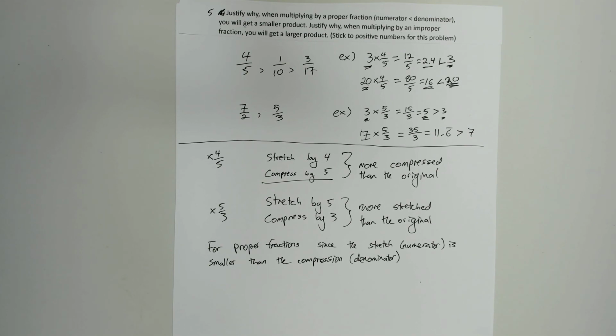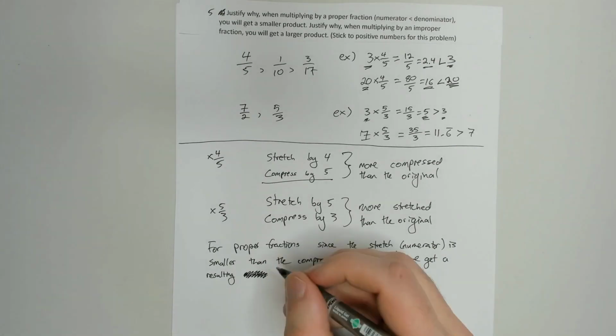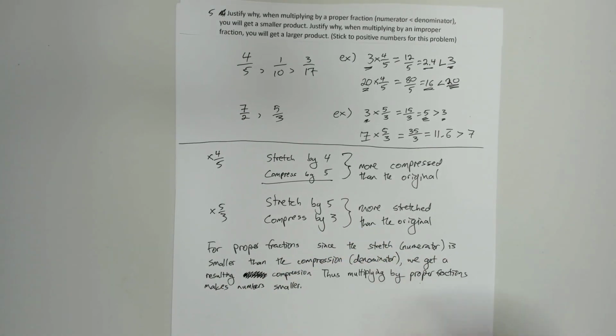So that means that number is smaller. Any number that you put into multiplication by proper fractions is going to go to a smaller spot than when you started, because the overall action is a compression of the number line.